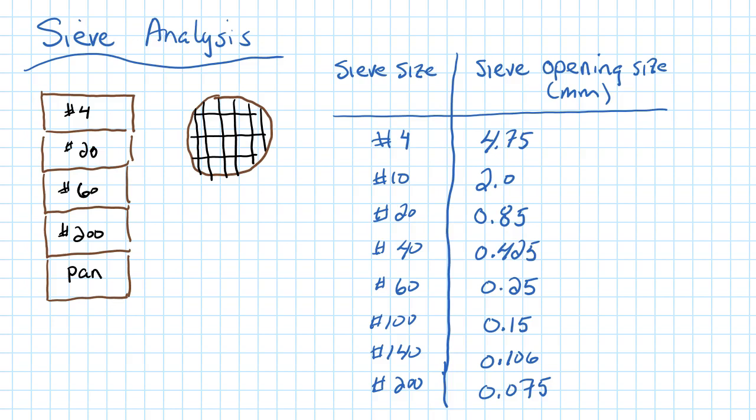Anything that's larger than 0.075 millimeters will be a sand, as long as it's in this 4.75 millimeter to 0.075 millimeter range. If it's larger than 4.75 millimeters, it's going to be a gravel. Eventually you'll have cobbles and boulders as the sizes get larger.